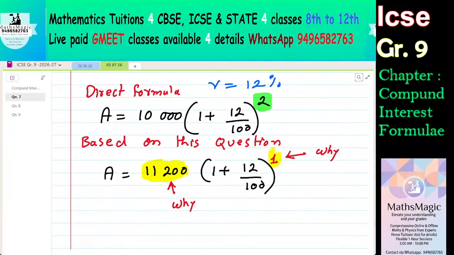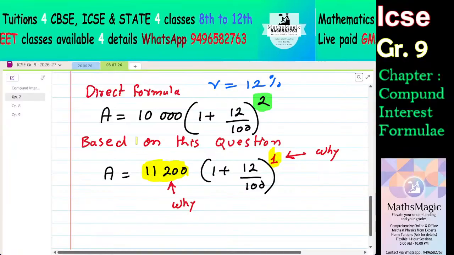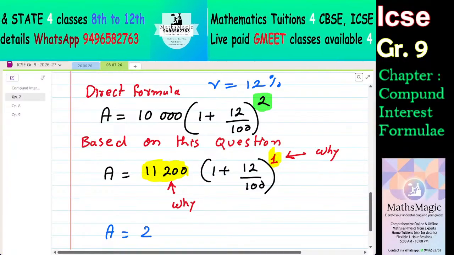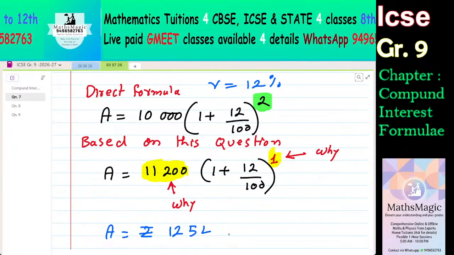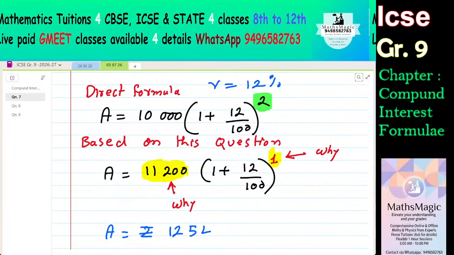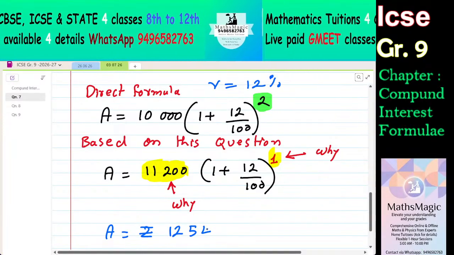On simplification, you will get 12,544. It's 12,554 or 44?